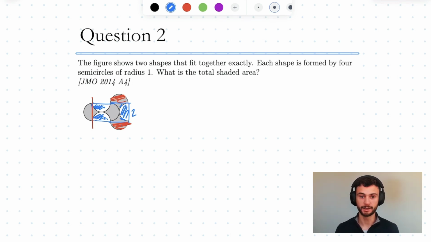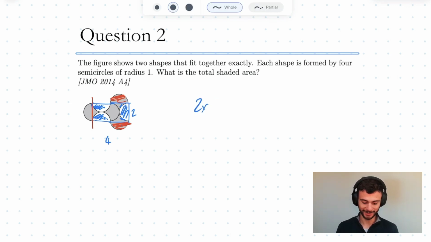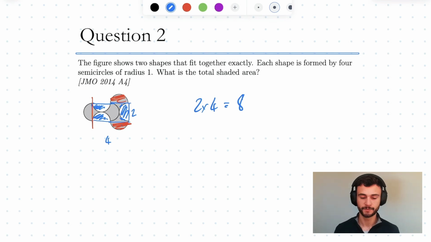That'd be 4 radii, so that would have length 4. So in total, oops, jumping ahead of myself, 2 times 4 would be 8. So the exact shaded area would be 8 units squared.